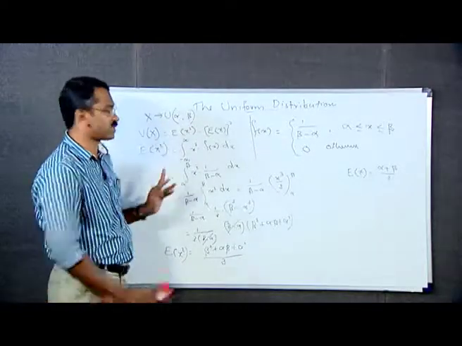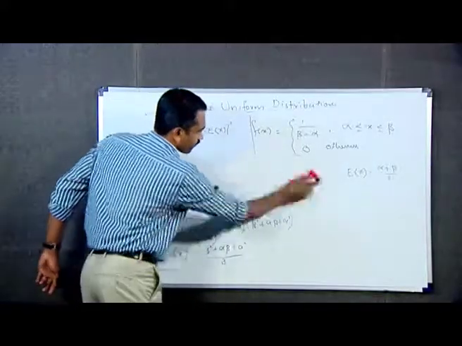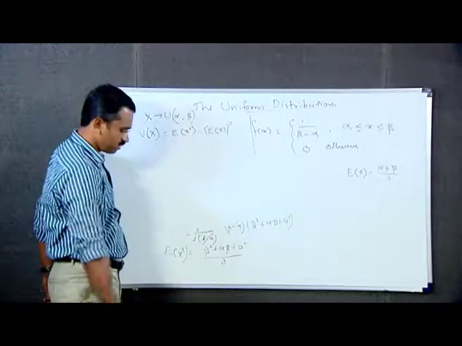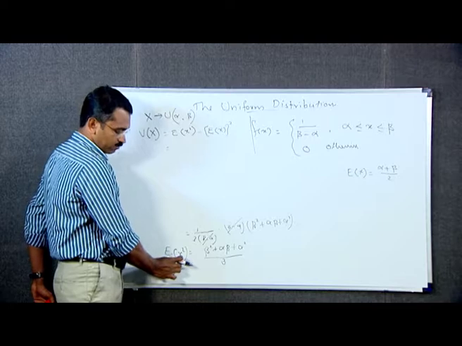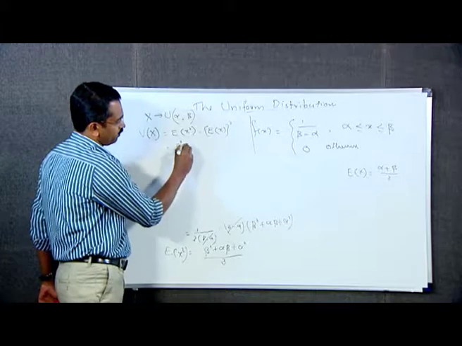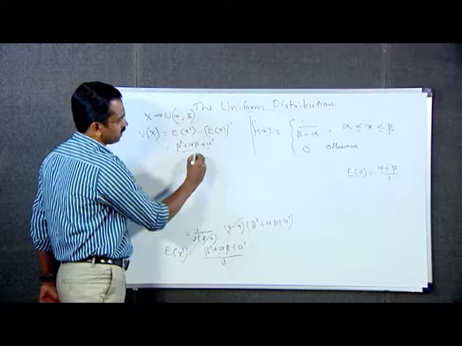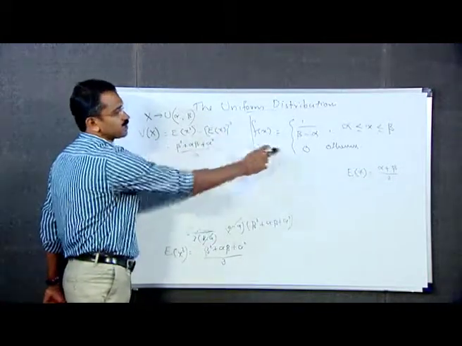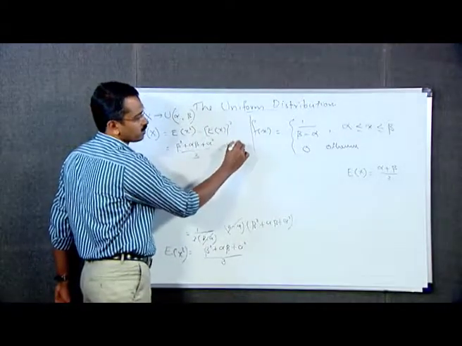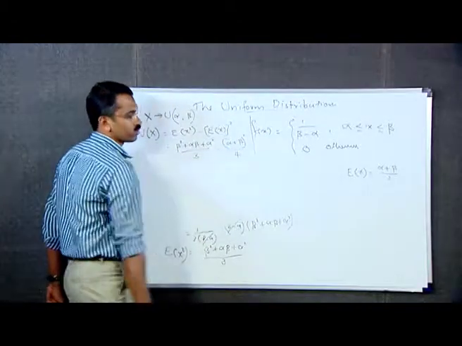And so, variance of x, V of x, is equal to E of x square minus E of x the whole square. We substitute this value of E of x square here. We get beta square plus alpha beta plus alpha square divided by 3 minus E of x, which is alpha plus beta divided by 2. Therefore, E of x the whole square means alpha plus beta the whole square divided by 2 square, which is 4.